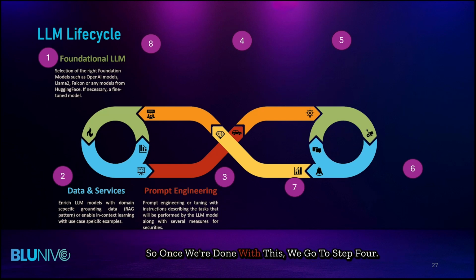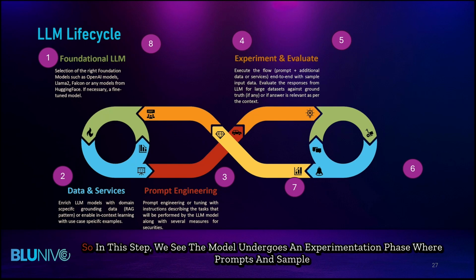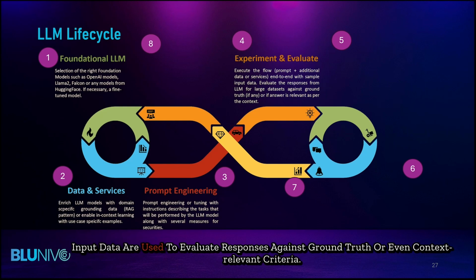So once we're done with this, we go to step 4. In this step, the model undergoes an experimentation phase where prompts and sample input data are used to evaluate responses against ground truths or even context-relevant criteria, right?